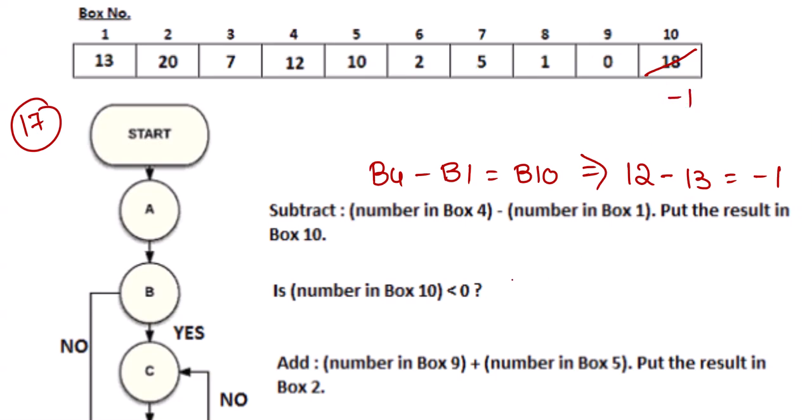Right, so next condition, box 10 value less than 0, number in box 10 less than 0, yes. Minus 1 less than 0, yes, true. When it is true, I have to go for next step, or else I have to skip.